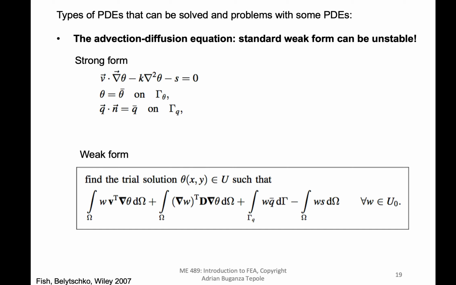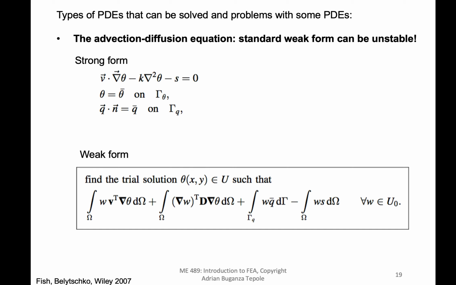And there's other equations that you might have that represent some physics that you might want to solve with the finite element method. A common one is the advection diffusion equation. This is the strong form shown here in the slides. You can see that this part and this part look like the standard heat transfer problem, but this part doesn't. This part is a transport term.